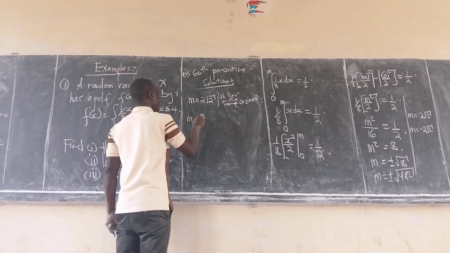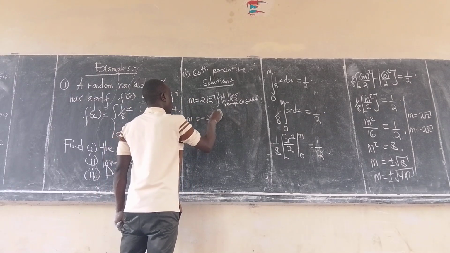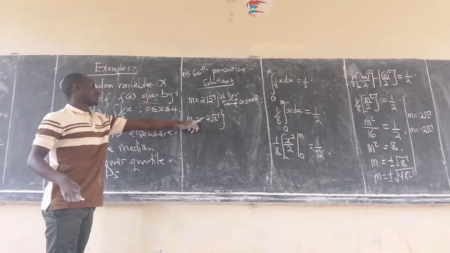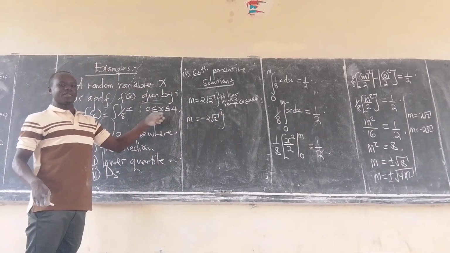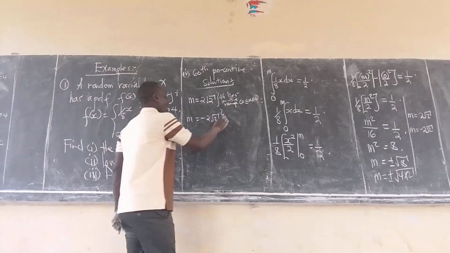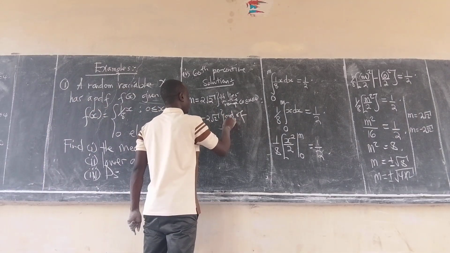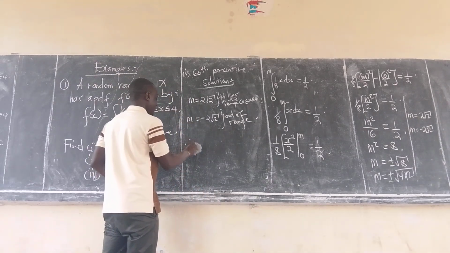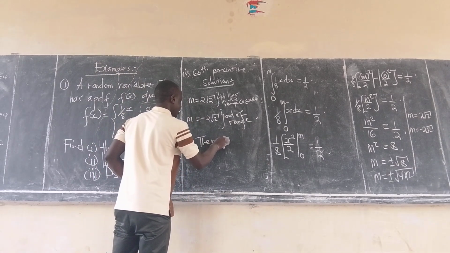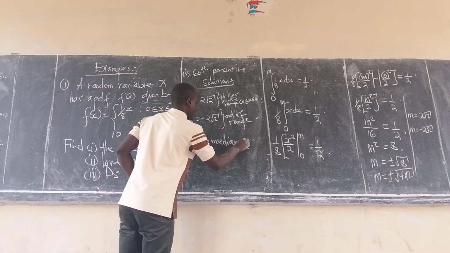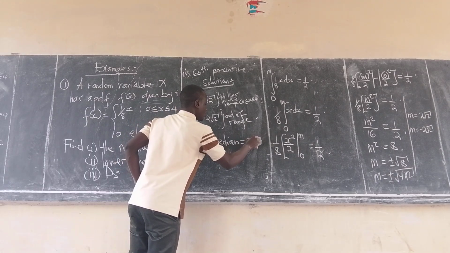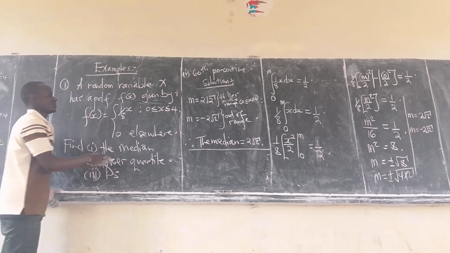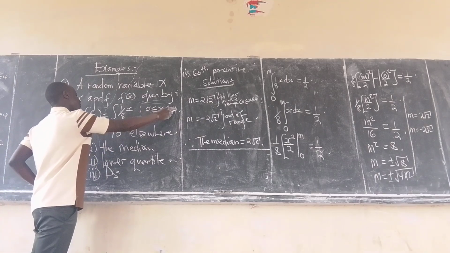Then there is m, which is negative 2 root 2. The fact that it is negative, it does not lie within this range. So this is out of range, which implies that the median will now be 2 root 2, because it's the only value which is lying in the range from 0 to 4.